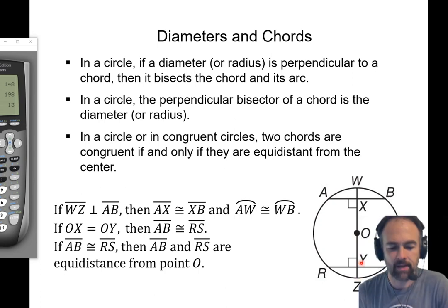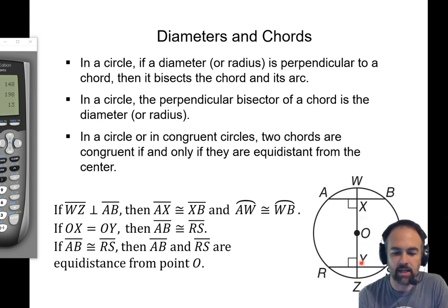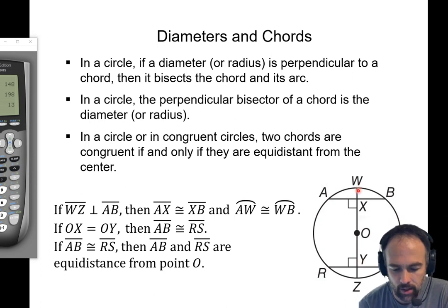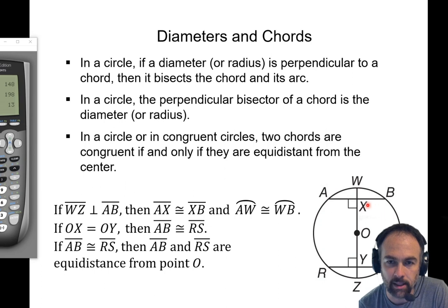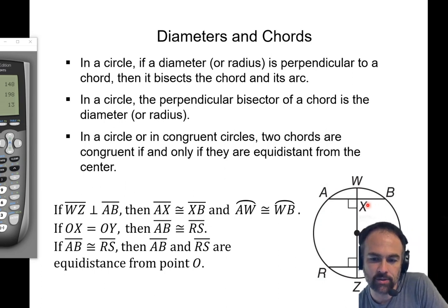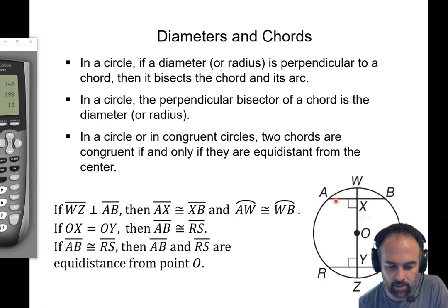In a circle, if a diameter or radius is perpendicular to a chord, so here we've got WX that is perpendicular to AB, then it bisects the chord and its arc. So here I've got a radius that's perpendicular to a chord. That means that AX is congruent to XB, and arc AW is congruent to arc WB.